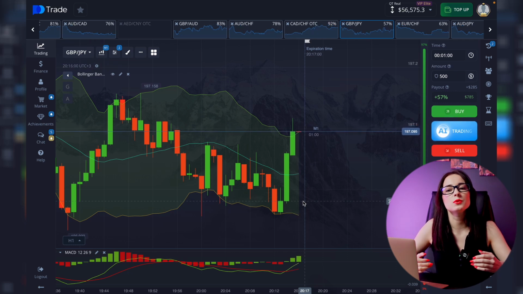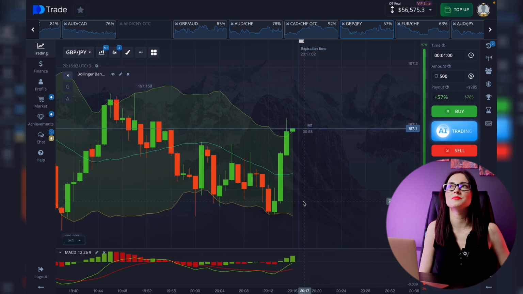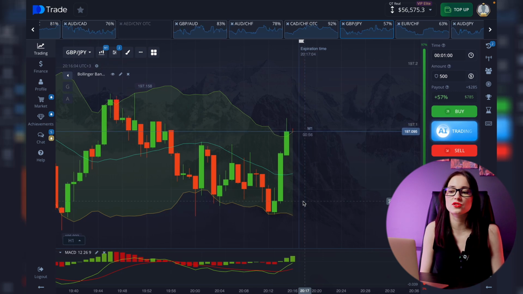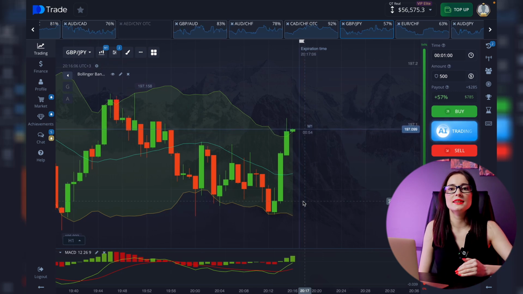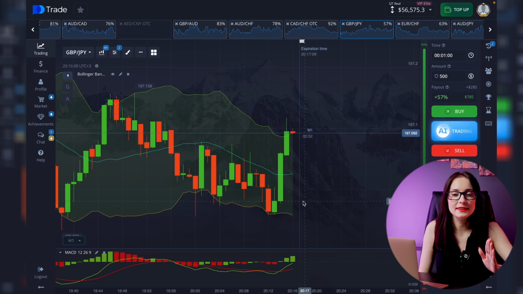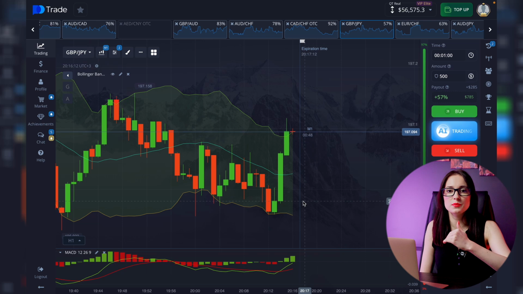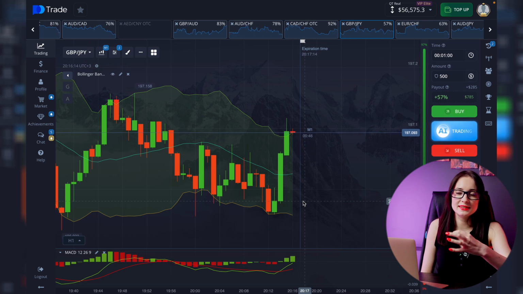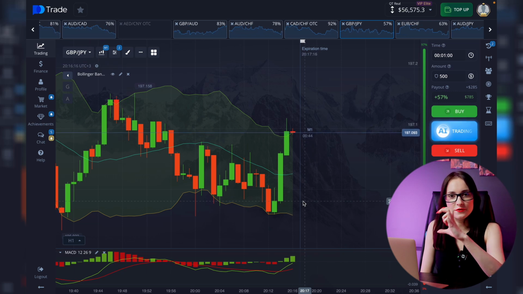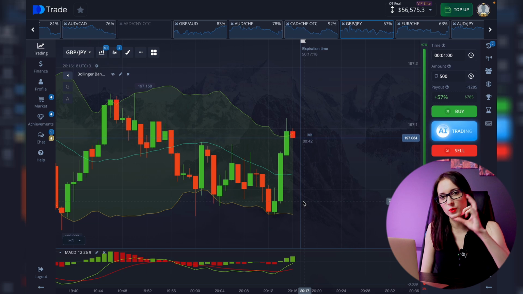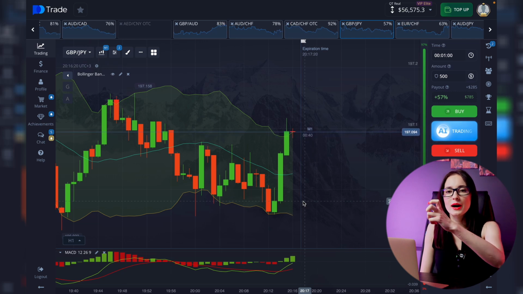And I actually want to share my personal view of using this strategy. Well, I would say that it is really convenient because you can just use Bollinger Bands, you can just use MACD. They will give you the signals, but both of these indicators, when they go with each other, they prove one another.